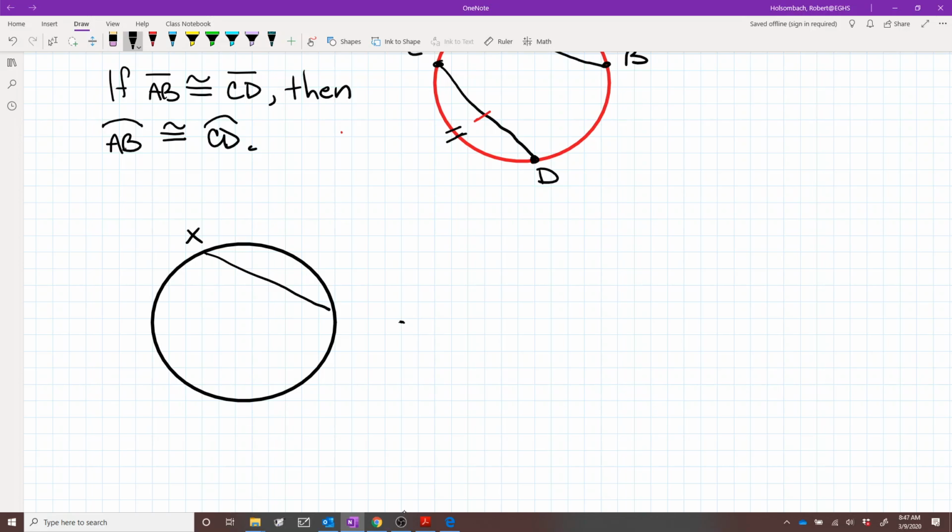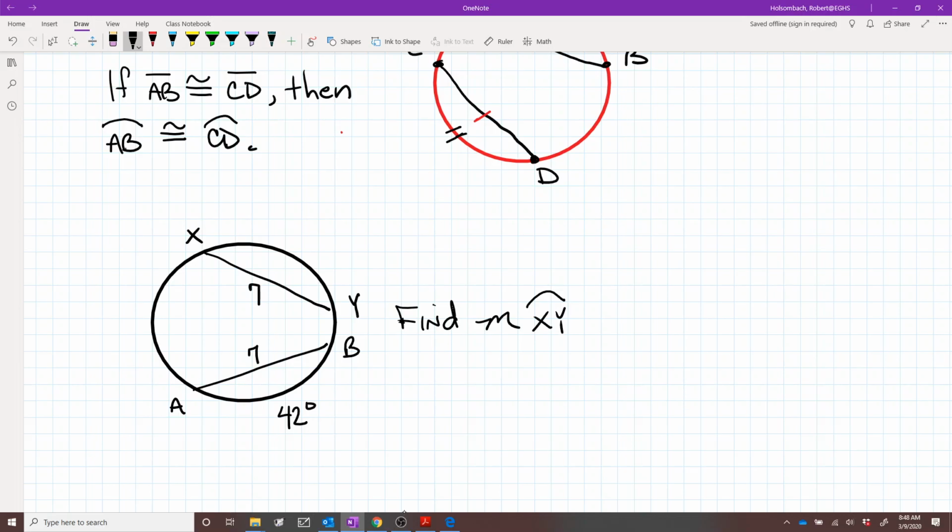Here's XY and it's 7, and then over here you've got chord AB and it's 7, and arc AB is 42 degrees, and you're asked to find the measure of arc XY.